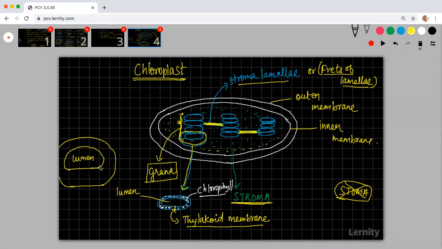The surrounding area of the thylakoid membrane has the chlorophyll, present in the intermediate regions of the thylakoid membrane. Are you guys understanding? So that is where the chlorophyll is present. This is the structure of the chloroplast.